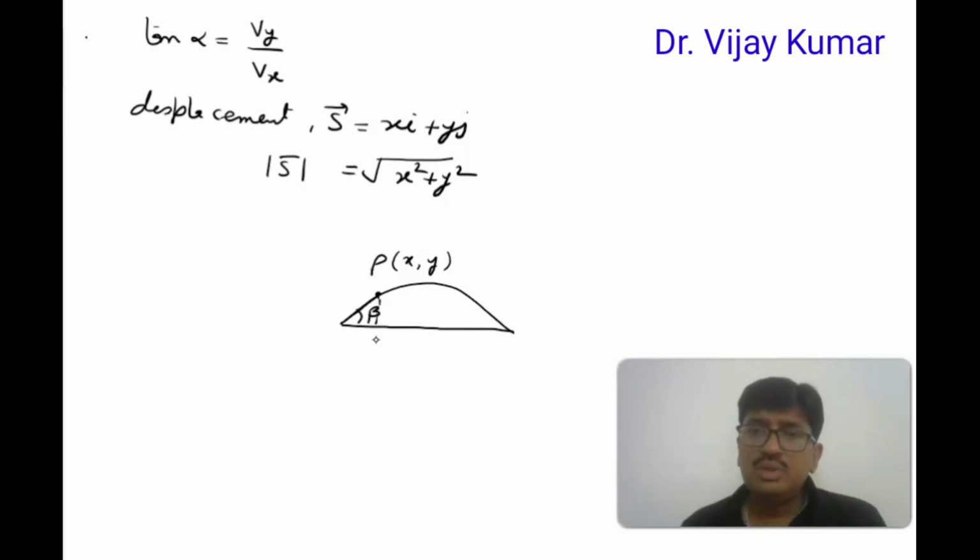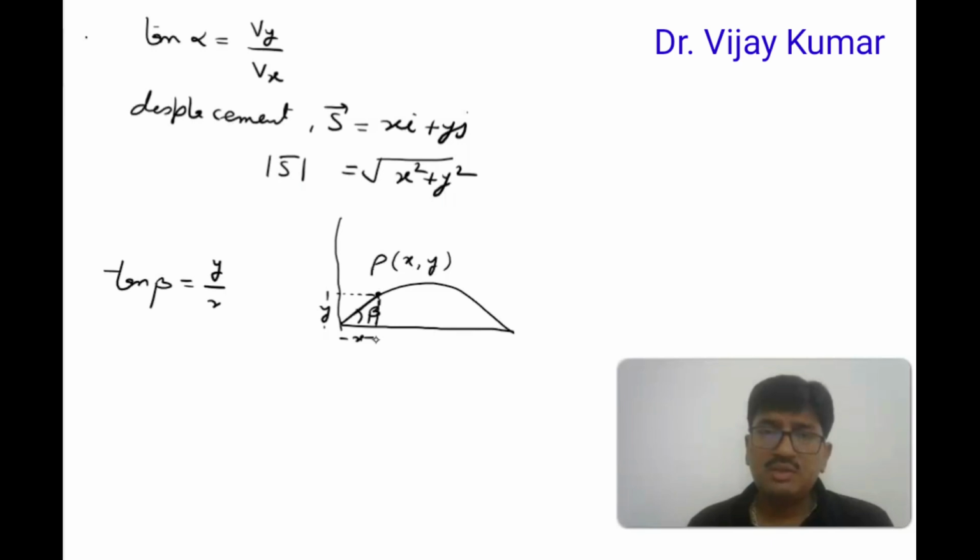This distance is x, and in the y dimension this distance is y. So tan beta in this projectile path is y upon x.